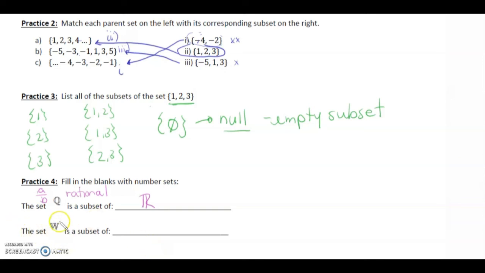Whereas the whole number system, which is 0, 1, 2, all the way up, is a subset of the integers. So there's integers, Q, which is the rational ones, and then R, which is the real number system. So when we talk about something being a subset, we're saying, what does that one sit inside of? Okay, what's bigger than that, but includes that?